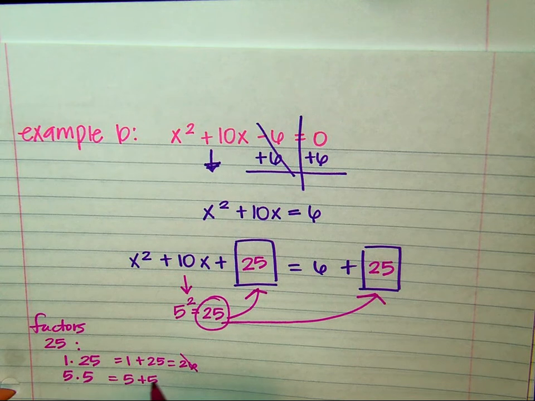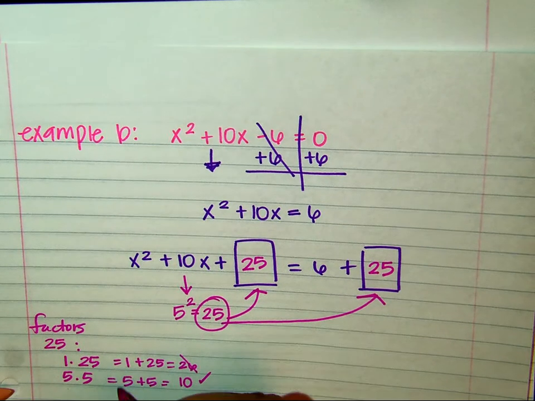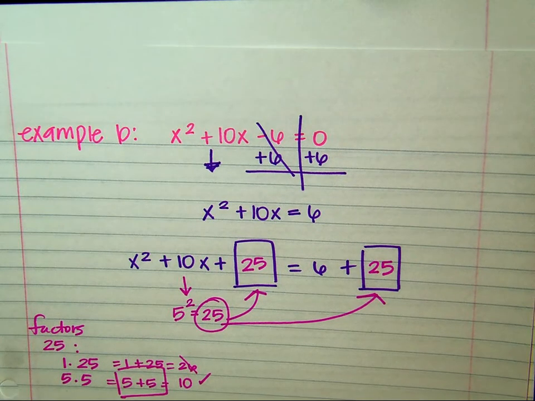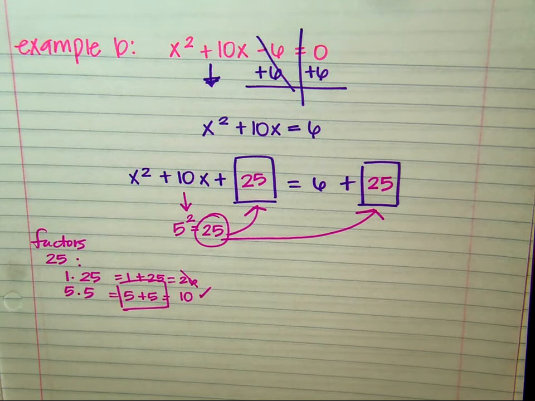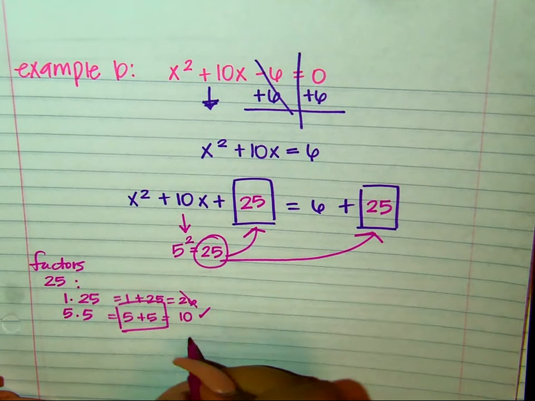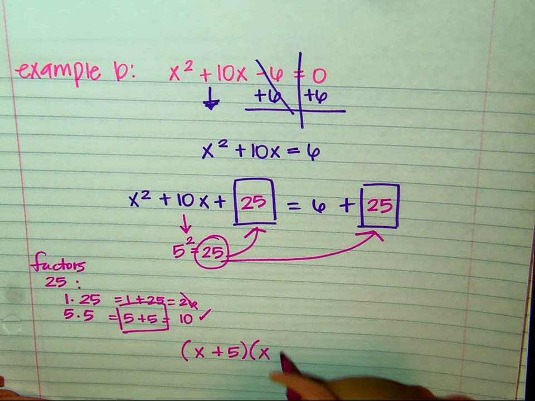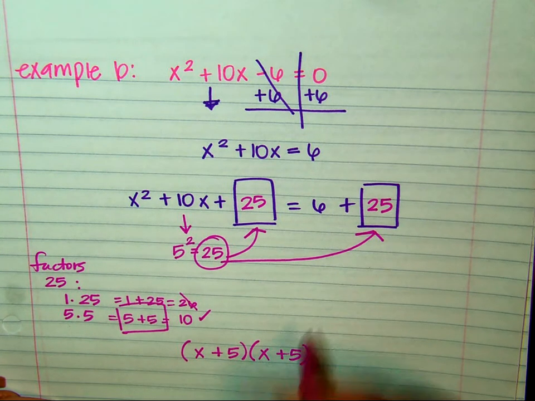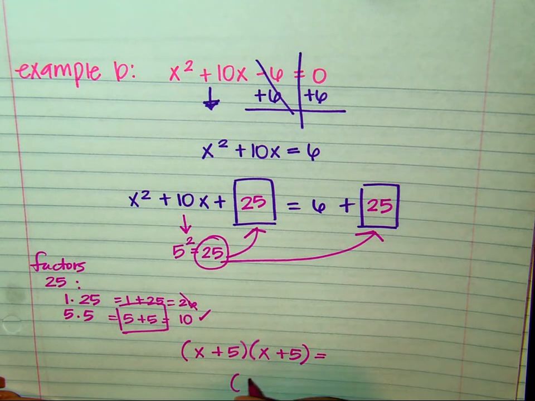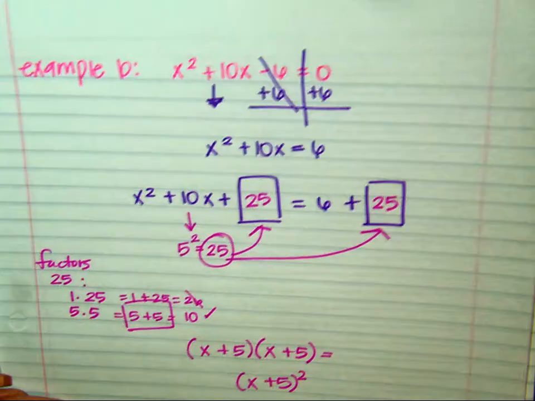5 plus 5 is 10. Is that a 10? Yes. So our numbers are going to be 5 and 5. Okay, those are our two numbers that we will use to make a perfect square. So x plus 5 times x plus 5. We know that this can equal x plus 5 squared because it's two of them, right?